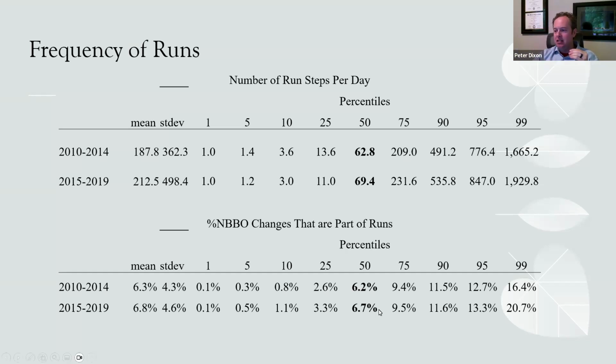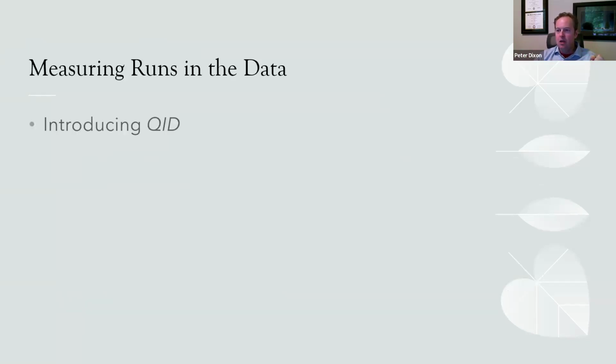For the median stock, it's about 6 to 7%. This gives us confidence that these runs are sufficiently general that we can create a measure that is usable across stocks. So now, how do we actually measure runs?